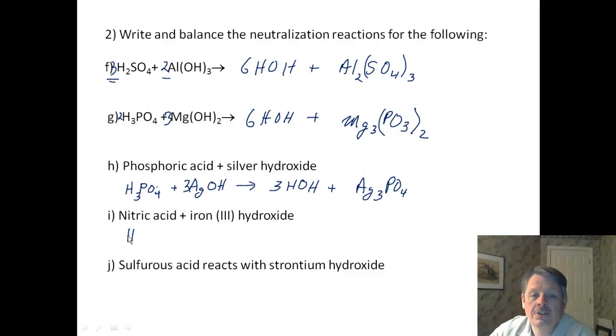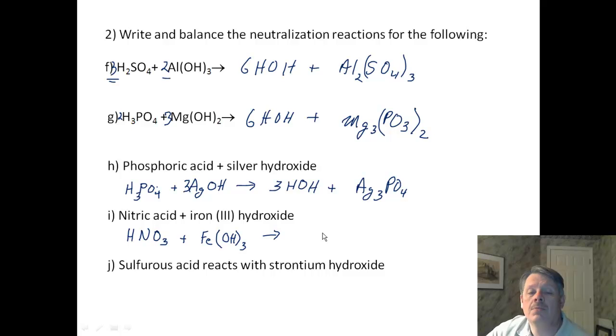Nitric acid. You have to know that that is hydrogen nitrate. So nitrate is -1, hydrogen's +1, so they cancel. That's hydrogen nitrate or nitric acid. And then we have iron 3 hydroxide. Well, iron is Fe. Hydroxide is OH. Please make sure to put parentheses around the hydroxide before you put the 3 there. If you just put the 3 there without the parentheses, you don't have 3 O's.